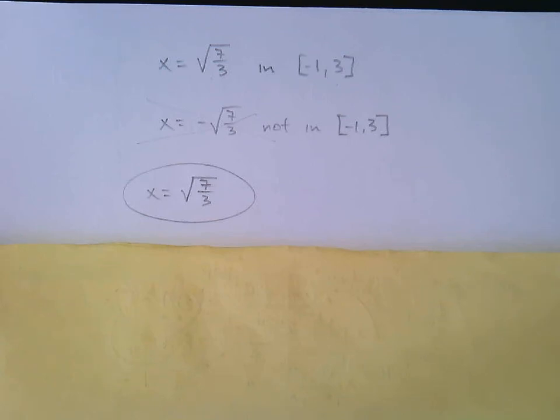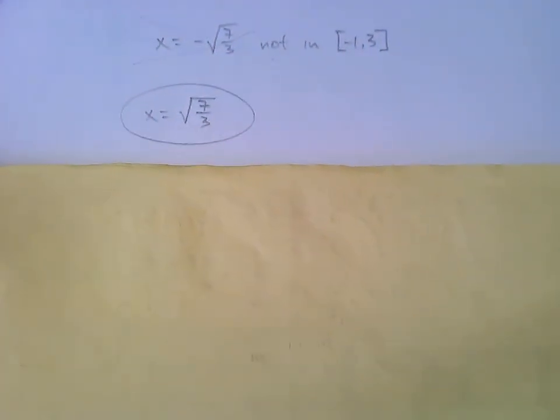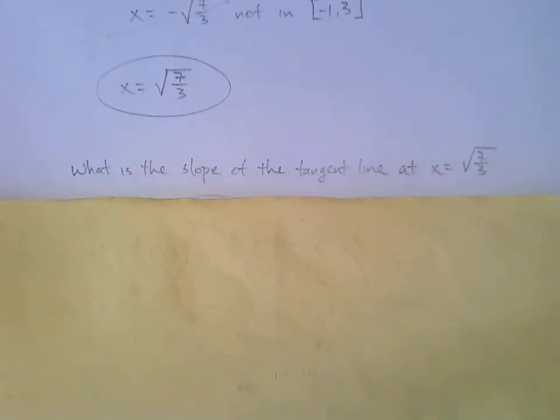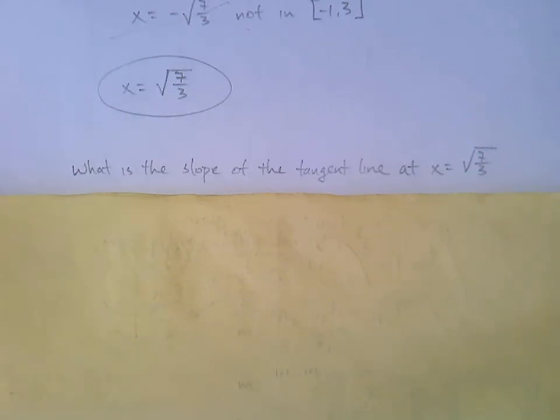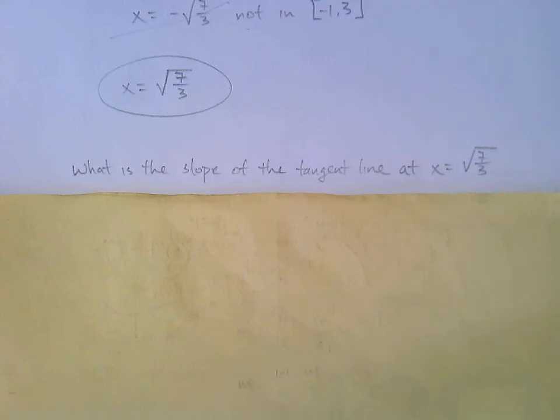Now at this point, we've answered the question, but I have a follow-up question just on the conceptual side of things. Because that's always why not? Follow-up question. What is the slope of the tangent line at x equals the square root of 7/3? That x value we found here, that c, that was between -1 and 3.